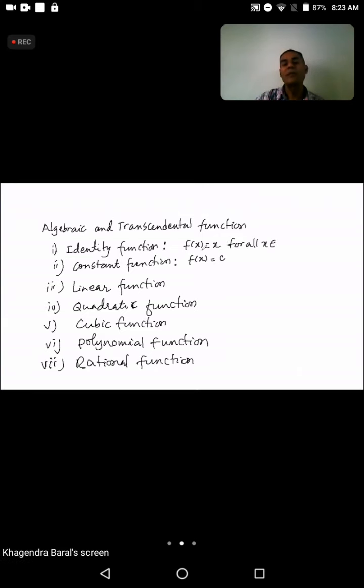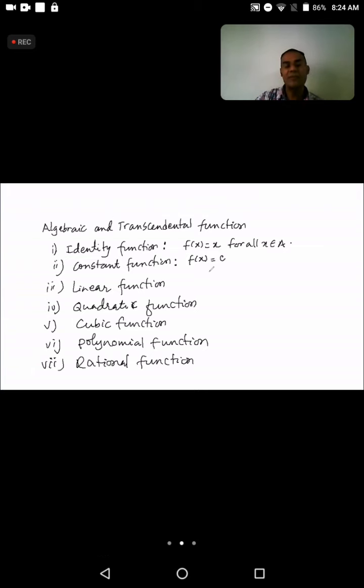The function f defined from set A to set B defined by f of x is equal to c is a constant function. Let us find f of 1. f of 1 is c. f of 2 is equal to c. f of 3 is equal to c. The image of any element is the constant c, so it is a constant function.